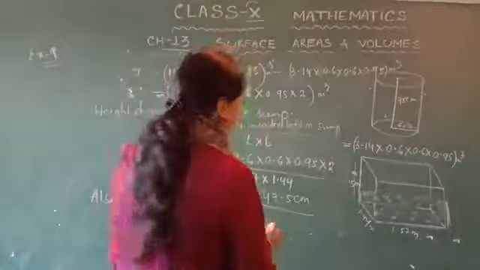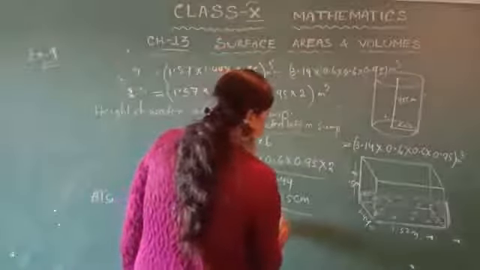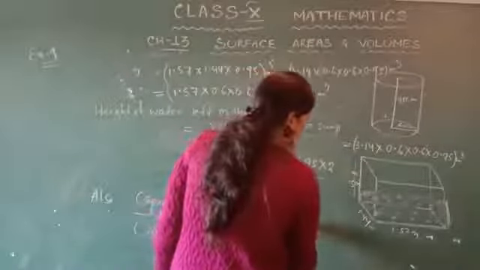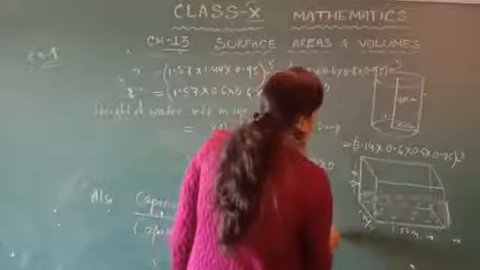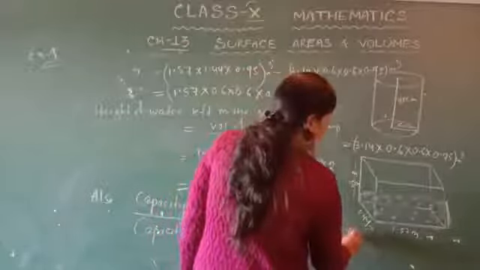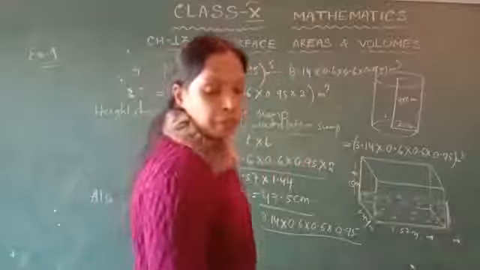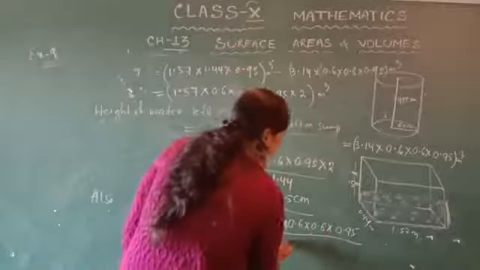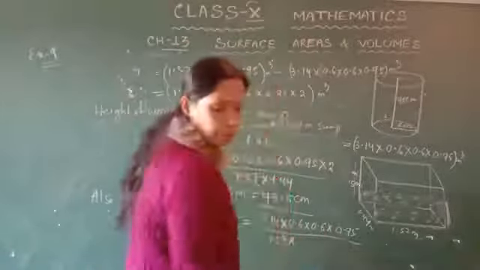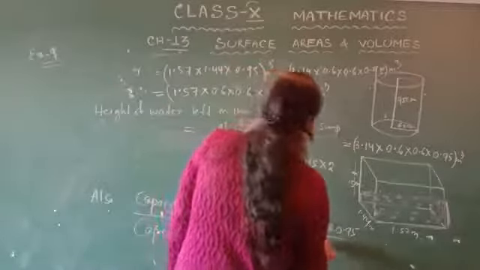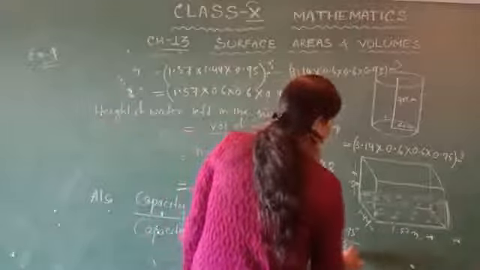So what is the capacity of a tank? And that is 3.14 into 0.6 into 0.6 into 0.95 divided by the capacity of the sump, that is 1.57 into 1.44 into 0.95.